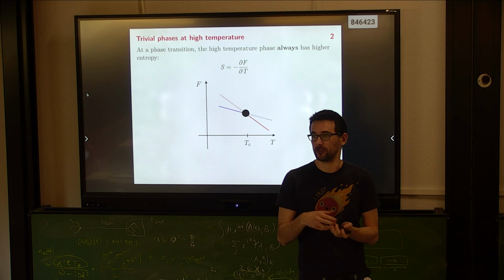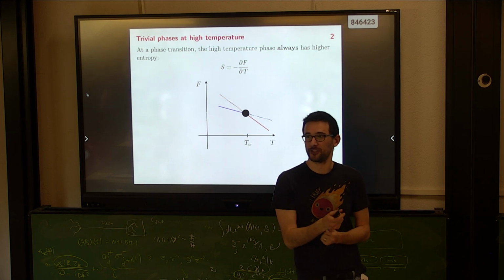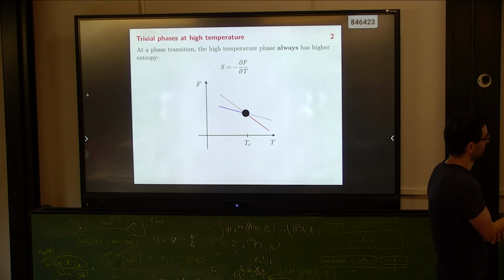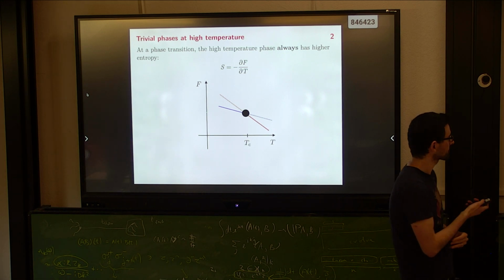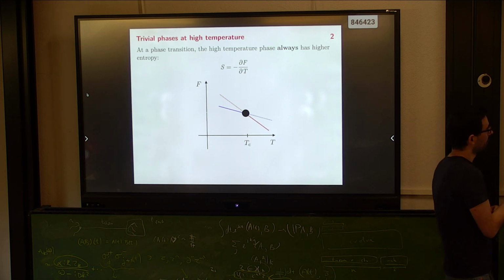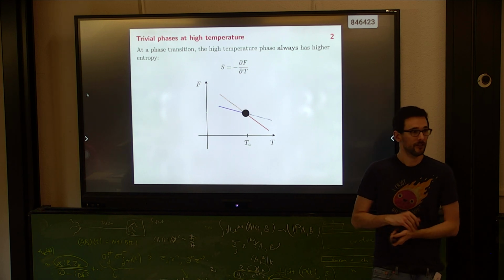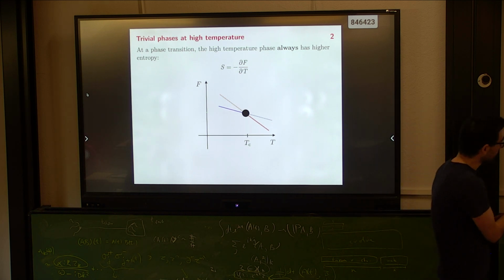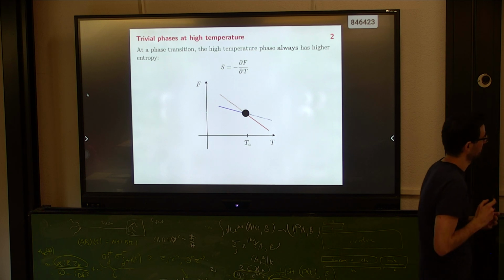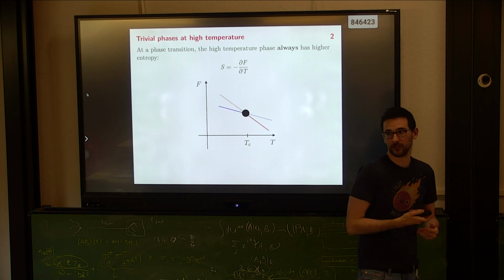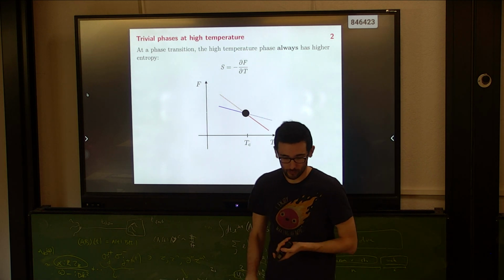So if there are two different free energies associated with these two competing phases, we always pick the smaller of the two. And from the laws of thermodynamics, the entropy S is minus dF/dT. So this means that we're guaranteed that the higher temperature phase, in red in this picture, has the higher entropy. Okay. So that will always be true.